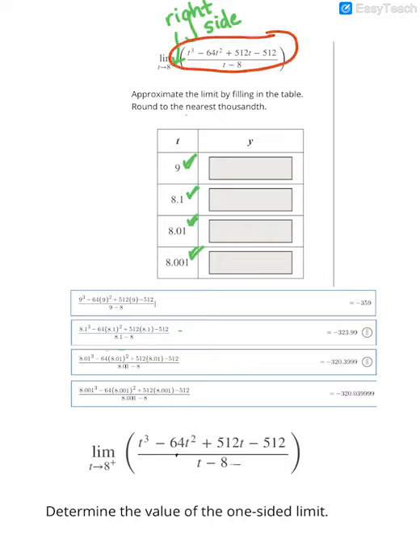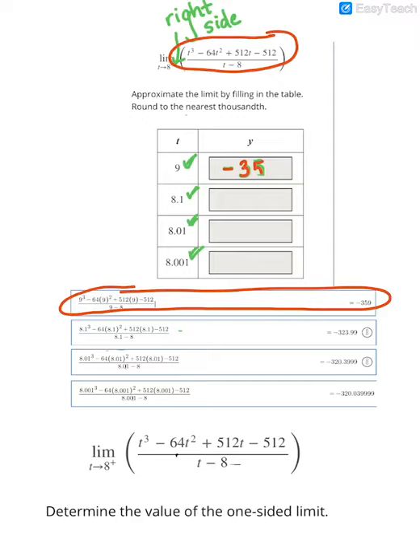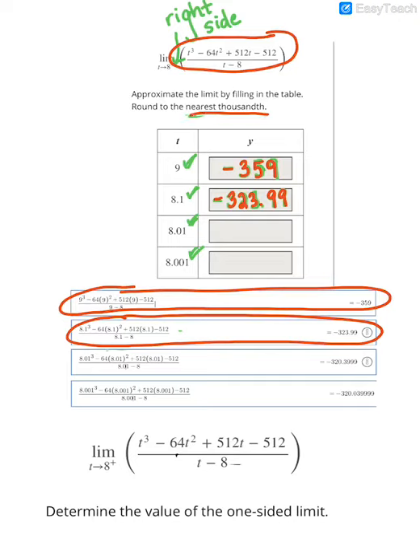When I plugged in just the regular 9, my y value is negative 359. And then when I plugged in my 8.1, my y value was negative 323.99, and they're asking us to go to the nearest thousand, so that'll be 3 decimal places.